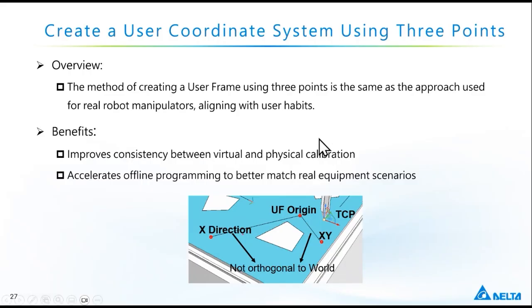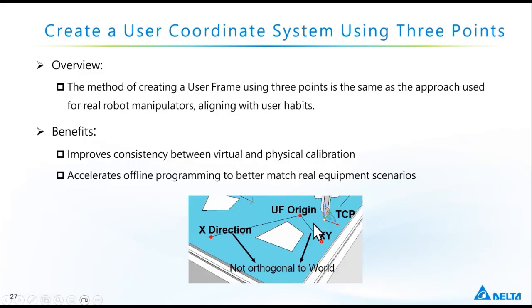Originally, if we are using the real robot, we always use 3 points to teach a user frame, right? Normally we can teach the first point as an origin point. Secondly, we can set a point to record the x direction.